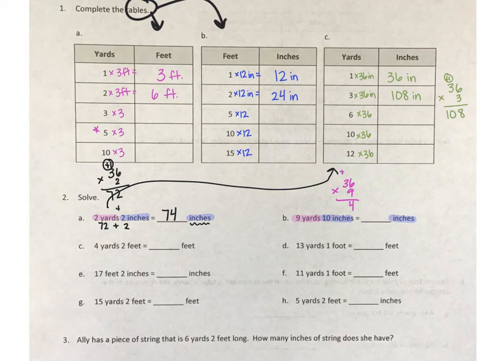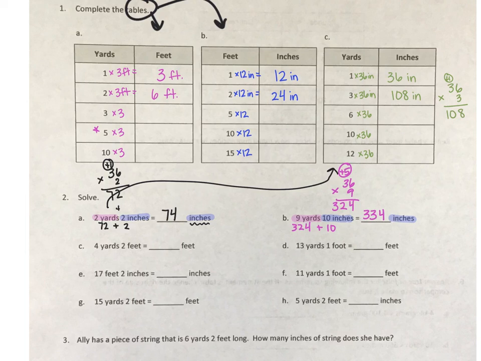Put down my 4, regroup my 5. 9 times 3 is 27, 28, 29, 30, 31, 32. So I have 324 inches plus 10 inches is going to give me 334 inches altogether. That's exactly what we're doing for all of these.